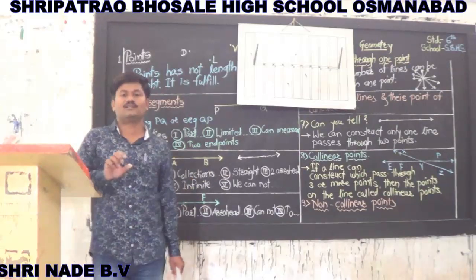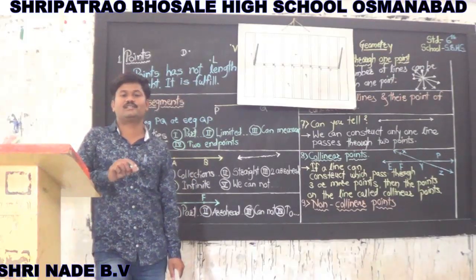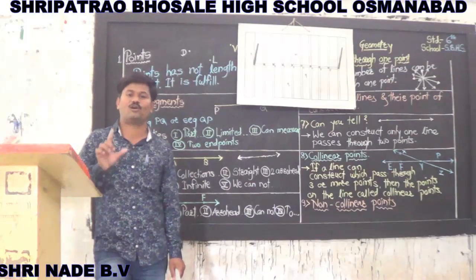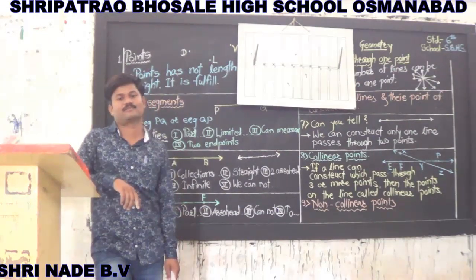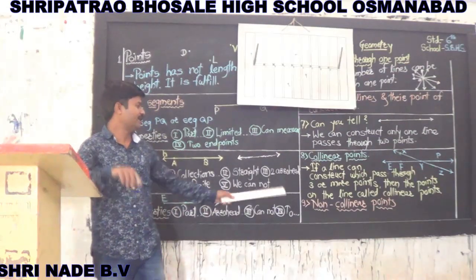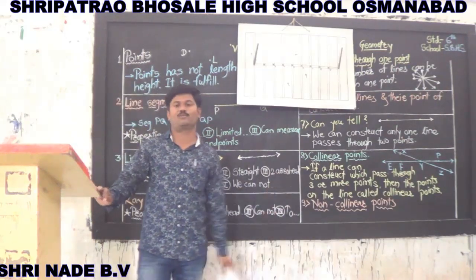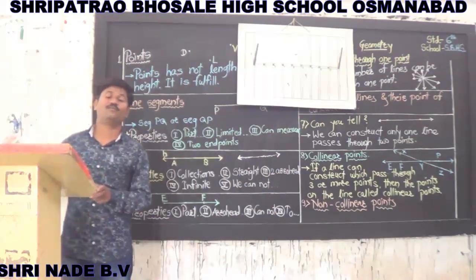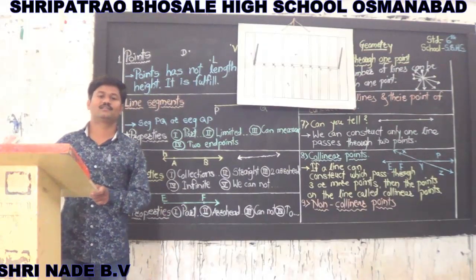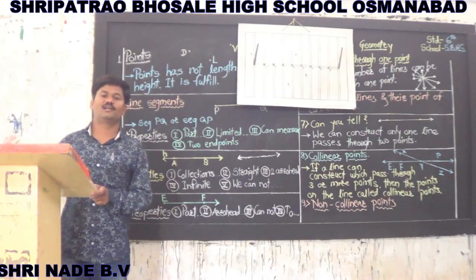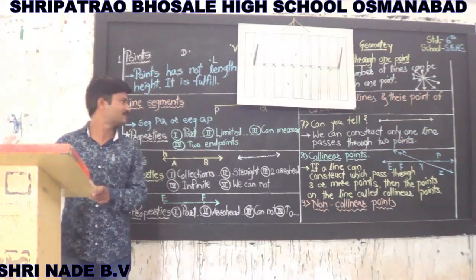Important: the points are on the same, single line. Next concept, non-collinear points. The definition: points that are not collinear are called non-collinear points.